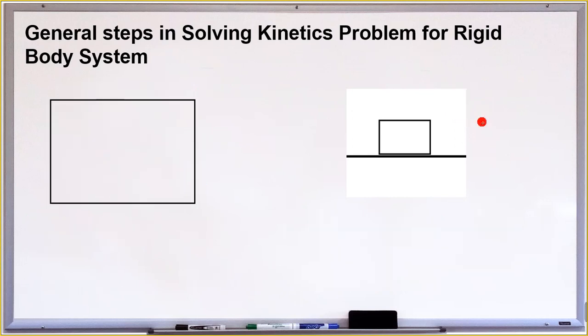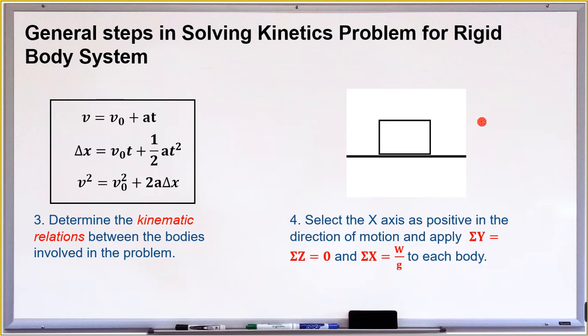So the third step, I have here some formulas in kinematics. Don't forget those formulas because we are going to use them in solving rigid body systems. And then for number 4, you should select the x-axis. It is not necessarily an x-axis.